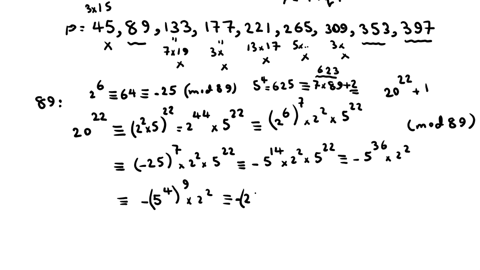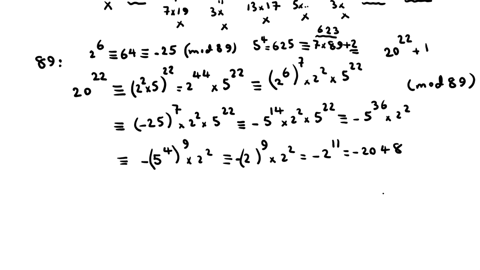So negative 2 to the power of 9 times 2 squared, which will be negative 2 to the power of 11, and it is equal to negative 2048. And if we divide 2048 by 89, we can say 2 times 9, 18.